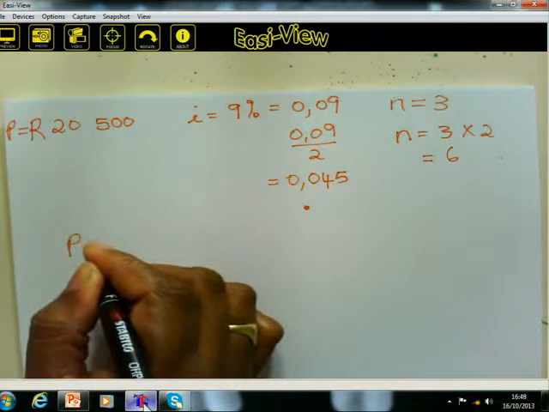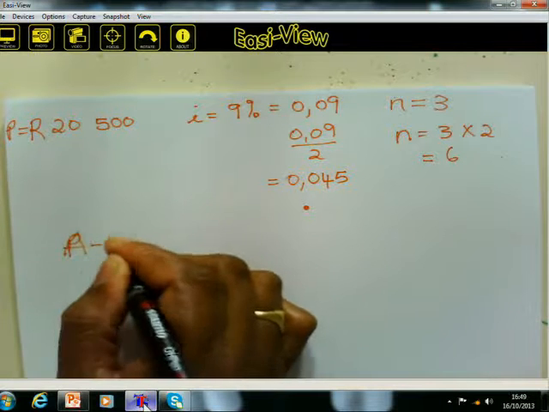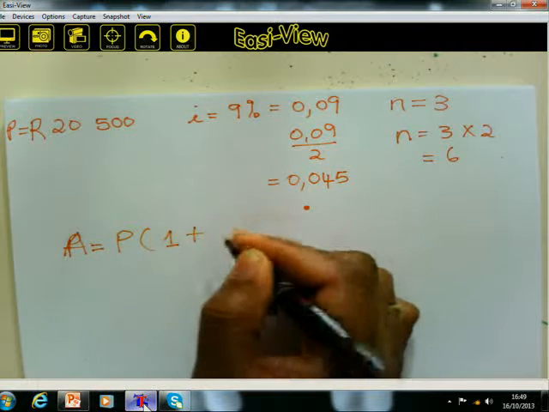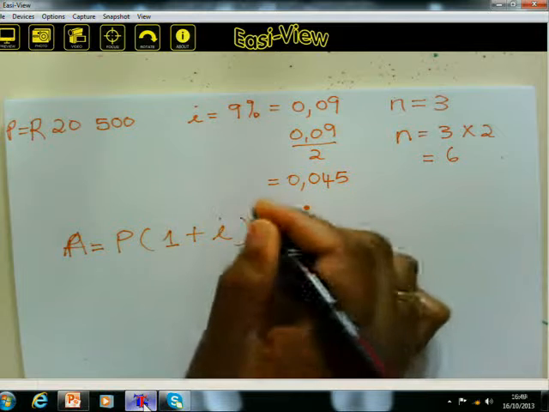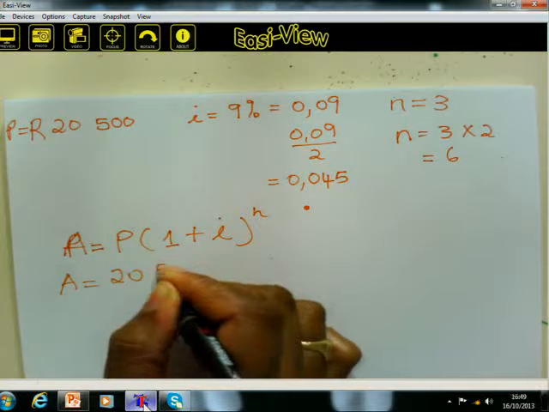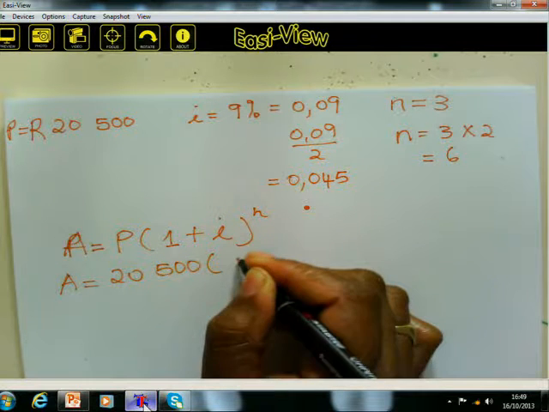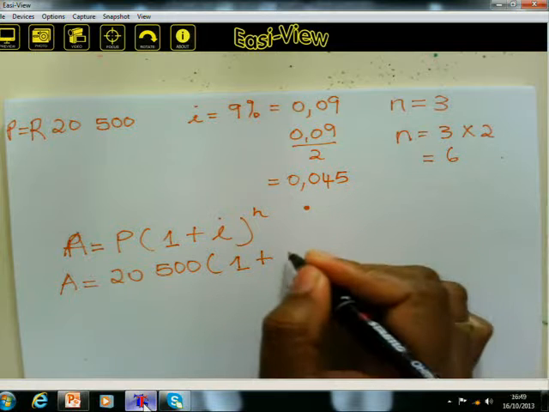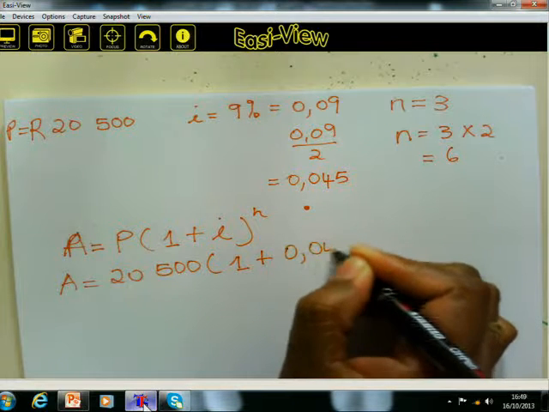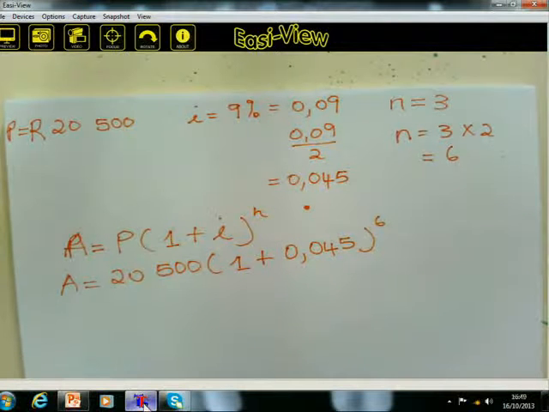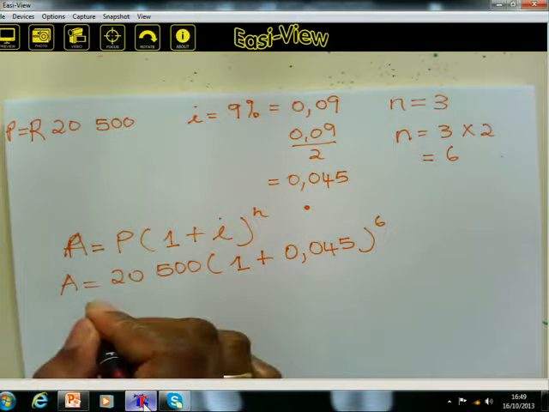A is equal to P bracket 1 plus i to the power of n. So A will be equal to 20,500 bracket 1 plus 0,045 bracket to the power of 6.